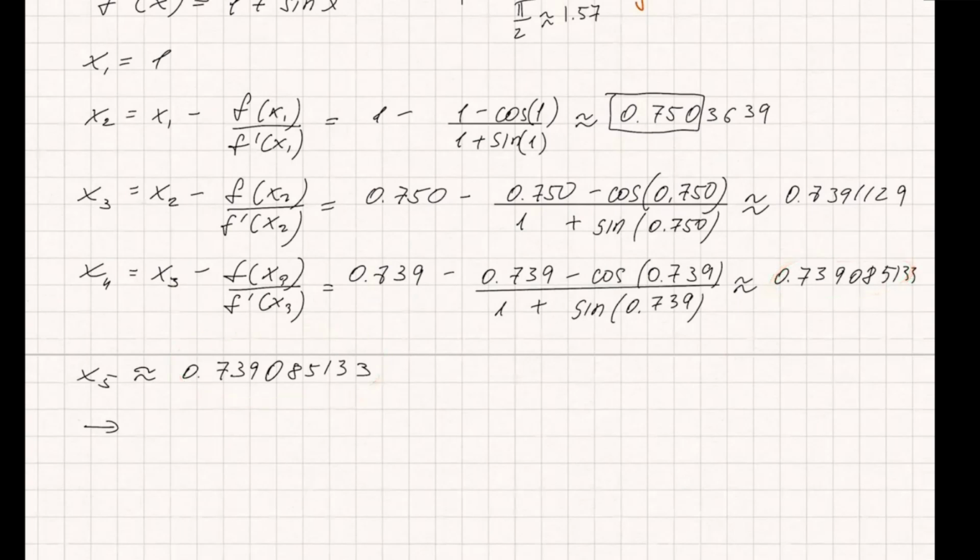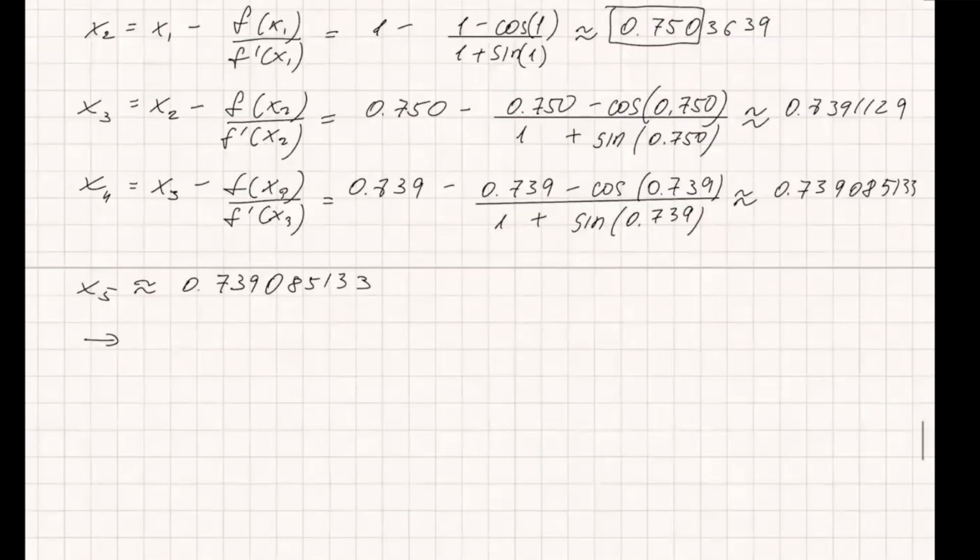Therefore, my root is approximately 0.739085133, or in this case I can round it to 3 decimal places, and that would be it. So this is how you can use Newton's method to approximate your solution. Thank you.